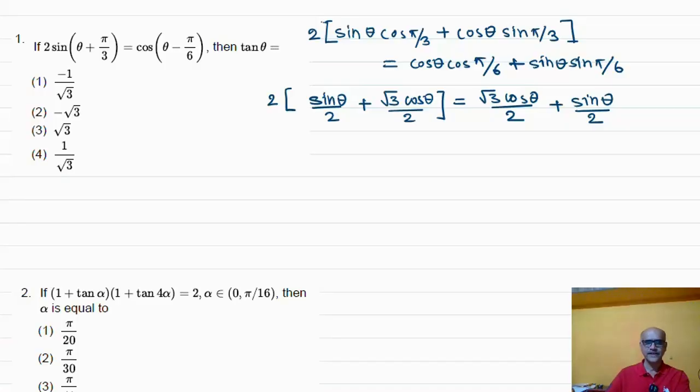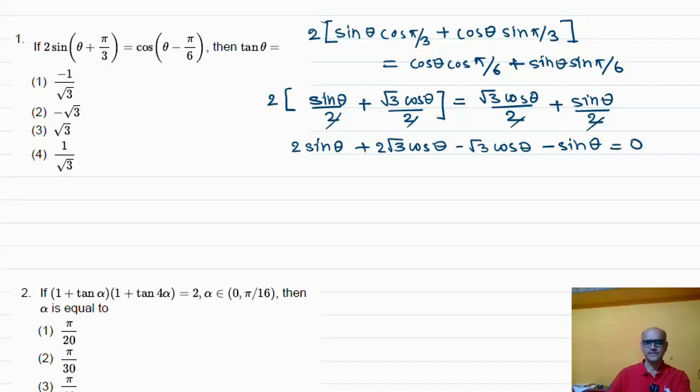The 2 outside multiplies in, and the denominator 2 cancels on taking it common. So multiplying by 2, I will have 2 sin theta plus 2 root 3 cos theta. Taking the right side terms to this side, you will have minus root 3 cos theta minus sin theta is equal to 0.